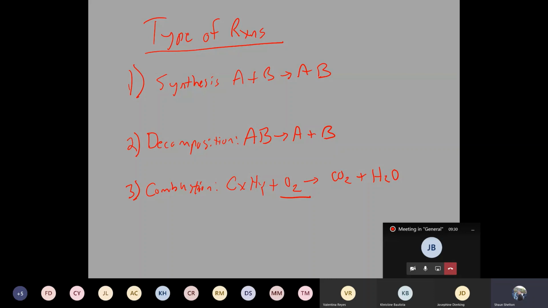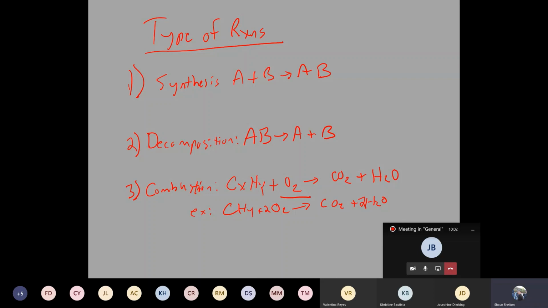Anytime you have oxygen gas, it's going to be a combustion, but typically we look at hydrocarbons reacting with oxygen. A good example would be CH4 reacting with oxygen gas to produce CO2 plus H2O. To balance that equation, you basically need to put a 2 there and a 2 here. So this is just a quick example of a combustion.